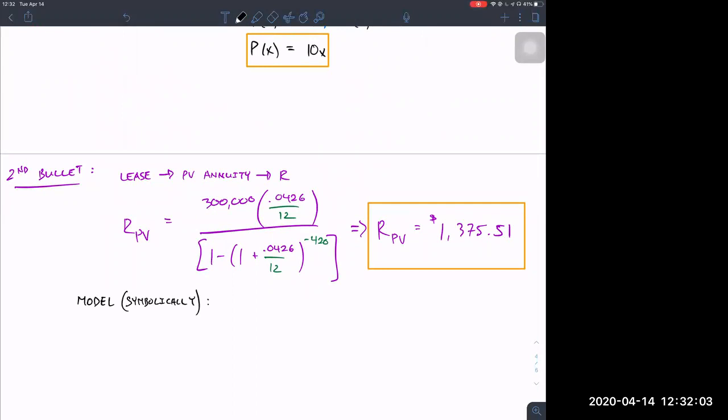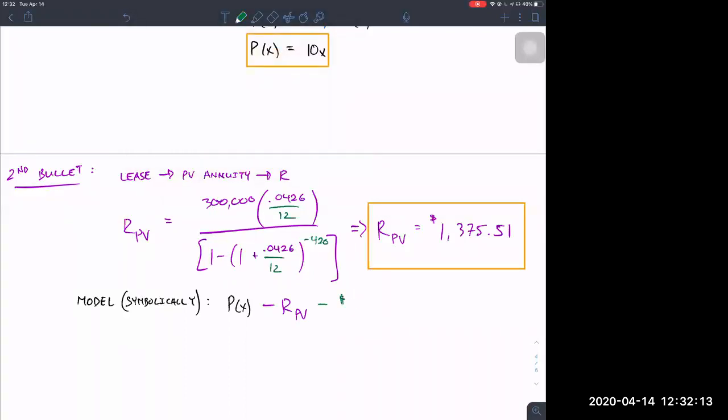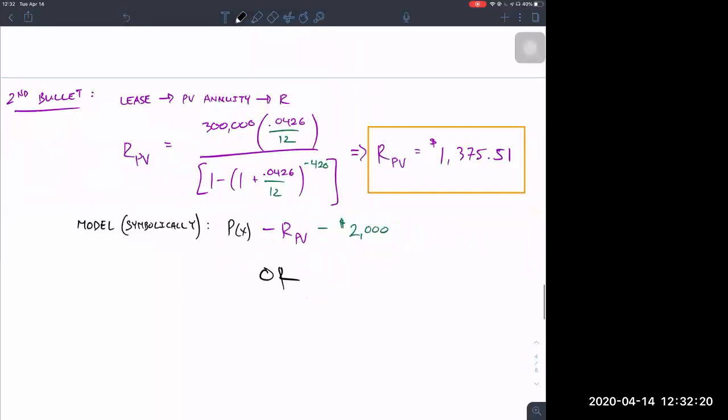Which is your profit function minus the recurring payment minus those $2,000, or you can just use the numbers.